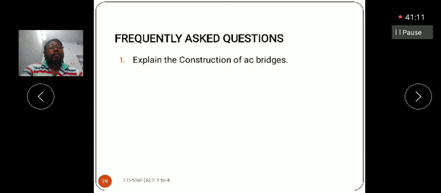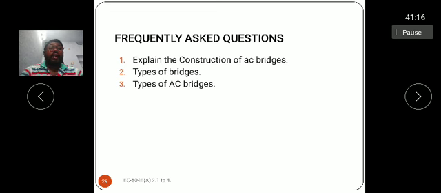After that, a few questions are frequently asked in the examinations, like explain the construction of the AC bridges. This is mostly asked in the examinations, in short and long questions. The second one is what are the types of bridges, like AC bridges and DC bridges.